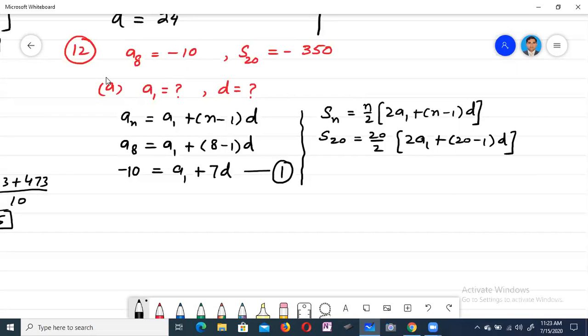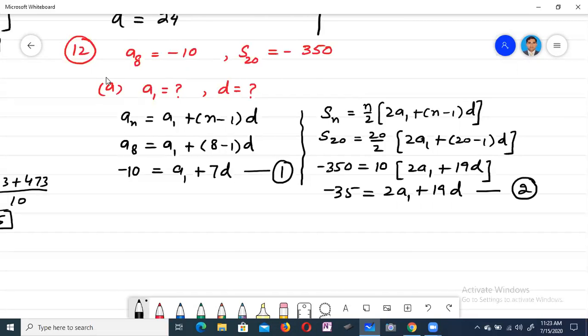Now, S20 is given in the question, that is minus 350. 20 divided by 2 is 10, into 2a1 plus 20 minus 1 is 19d. Then this 10 will shift this side, will cancel with 350. Here will be minus 35 is equal to 2a plus 19d. This is equation number 2.